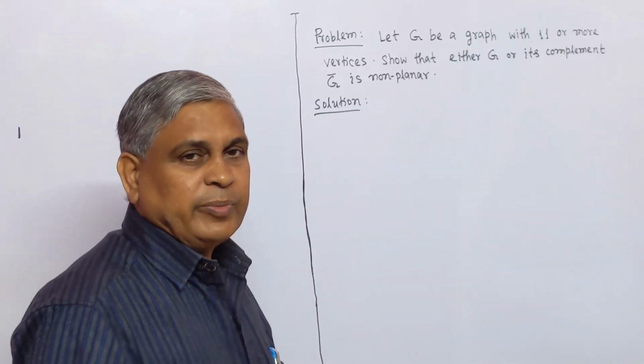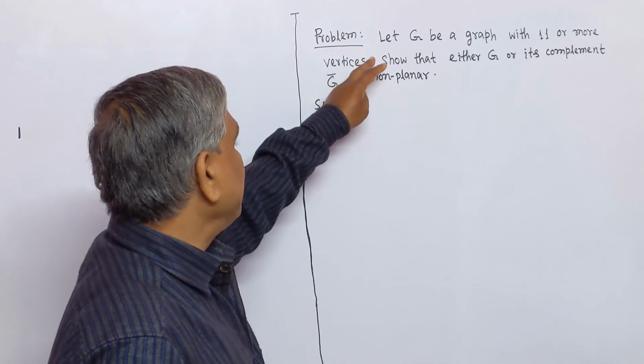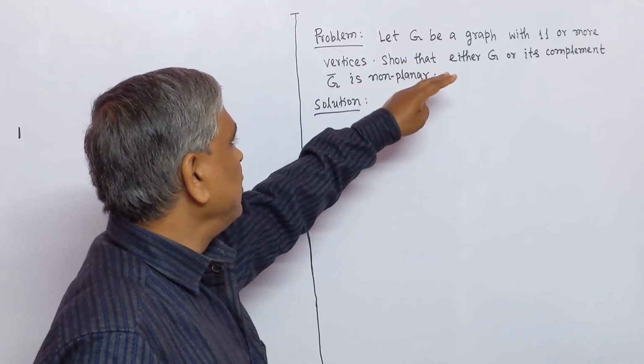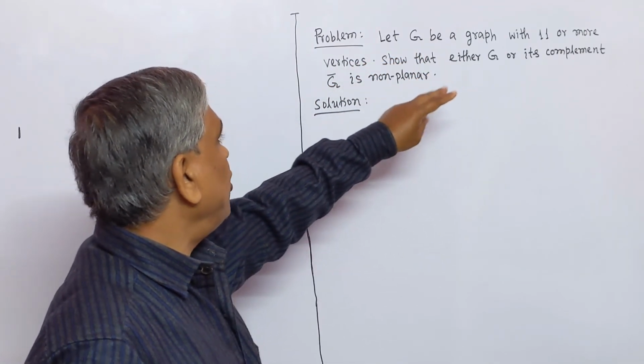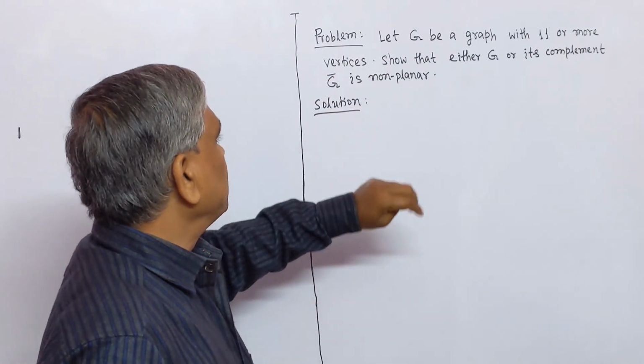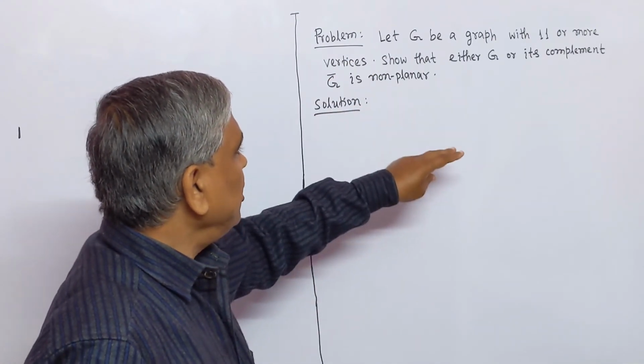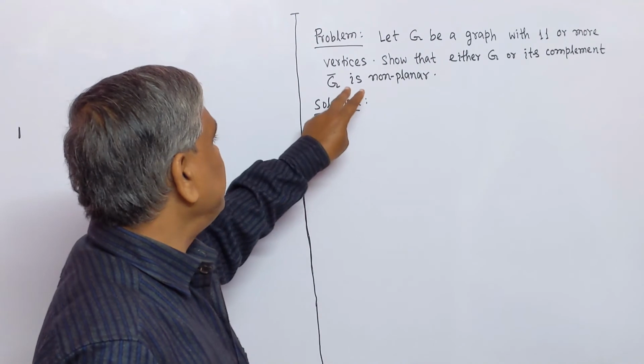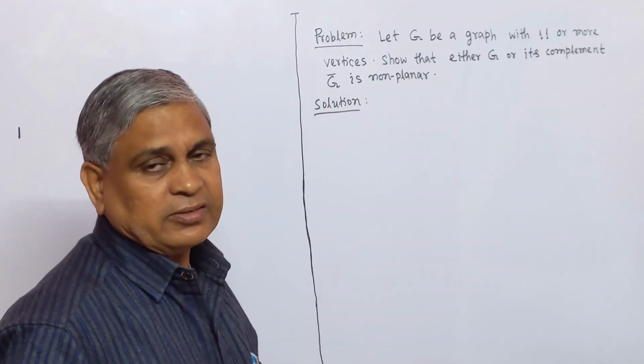Now we solve the next problem. The problem is: let G be a graph with 11 or more vertices; show that either G or its complement G bar is non-planar.